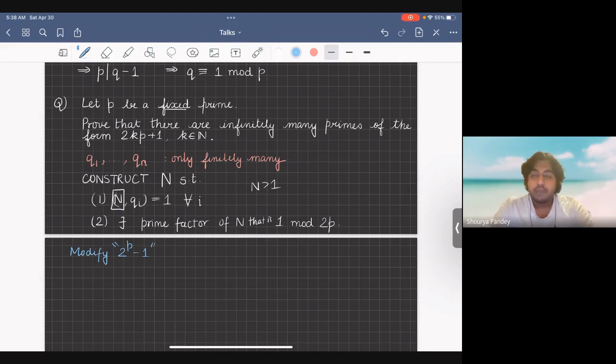So 2 to the p plus 1 over 3. Well, even if that works, that's still finitely many primes, and we still need infinitely many primes. But 2 to the p plus 1 over 3 is a good idea because it's 1 mod p.